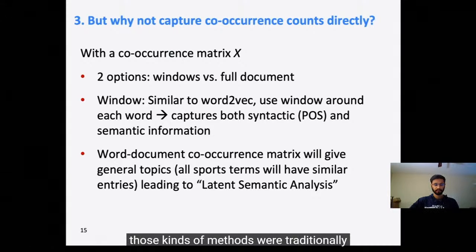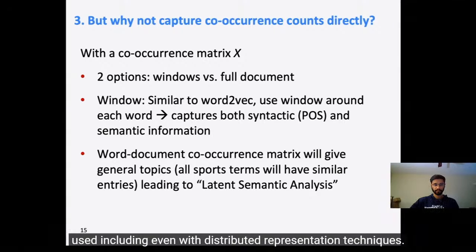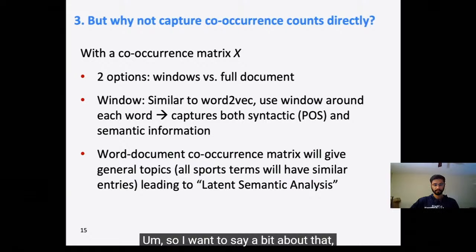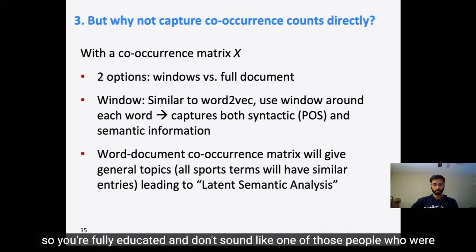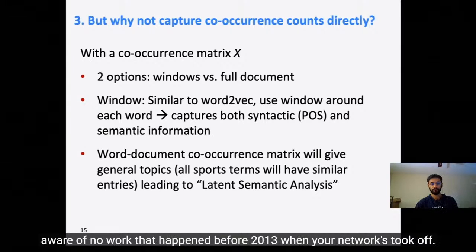And those kinds of methods were traditionally used, including even with distributed representation techniques. So I want to say a bit about that so you're fully educated and don't sound like one of those people who are aware of no work that happened before 2013 when neural networks took off.